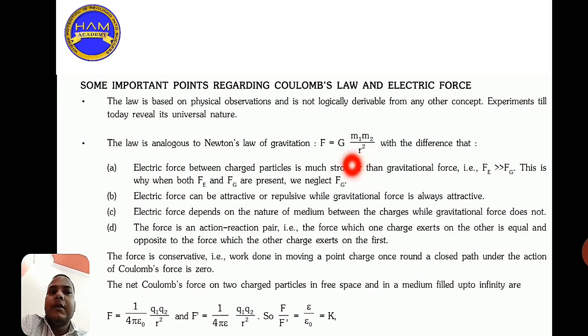This is similar to F equals K Q1 Q2 upon r square. But in the case of electrostatic force, the value is very high. So electrostatic force is much greater than gravitational force.